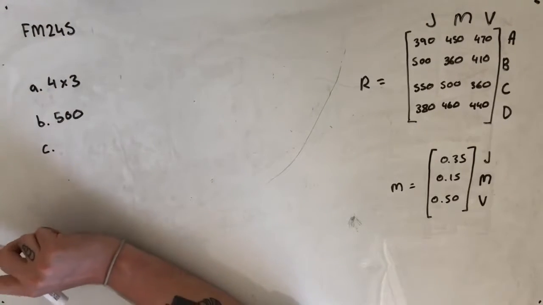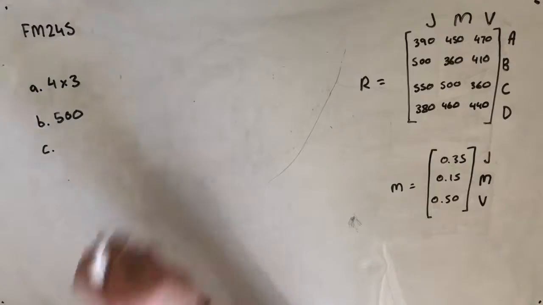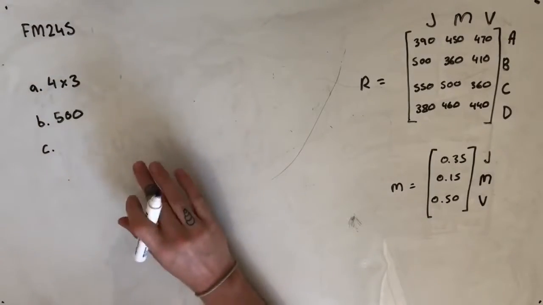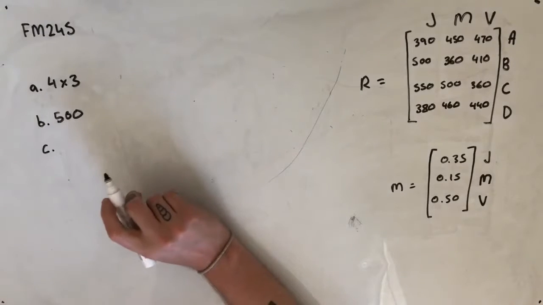Question C then says, in terms of quadrant Alpha, what does the sum of elements in the first row of matrix R represent? Now that word sum there means that we're adding the elements together. So we're looking at these 3 elements in our first row. What is represented when we add them all together?